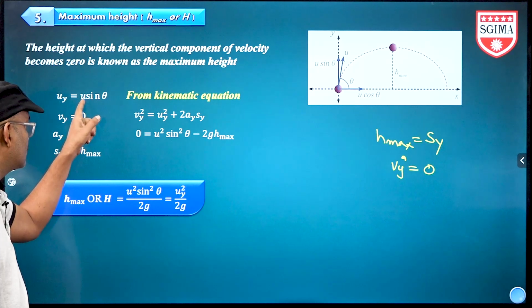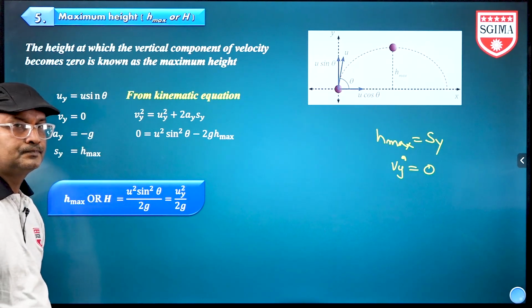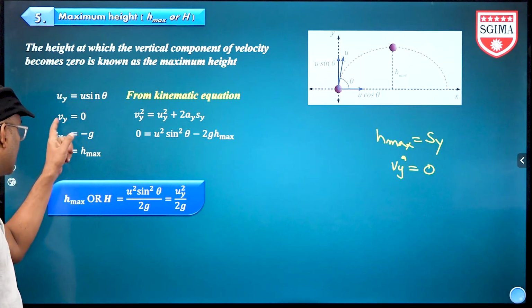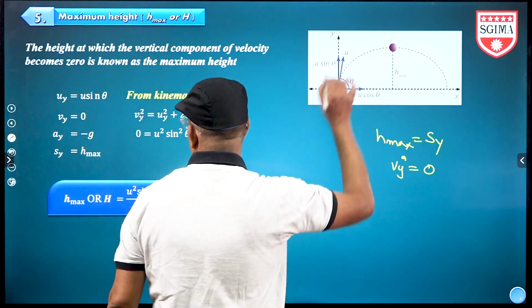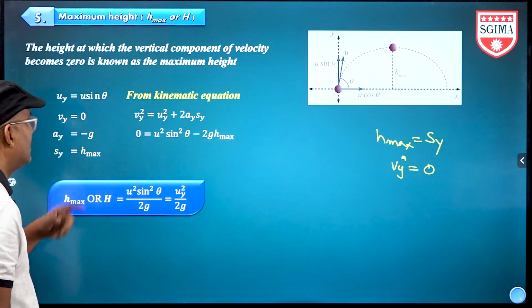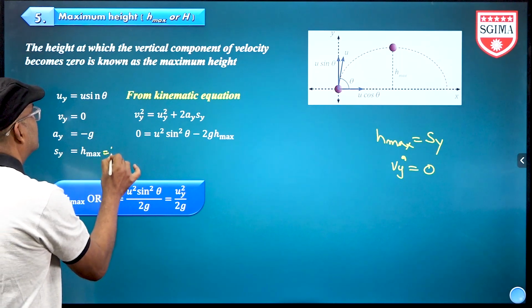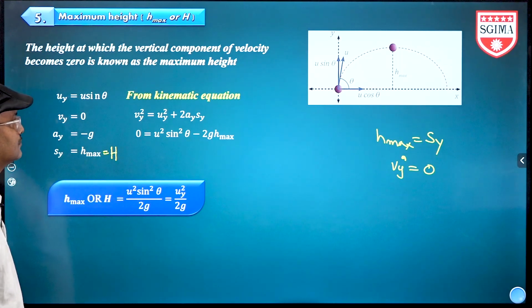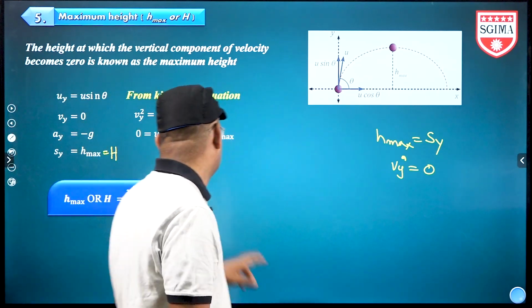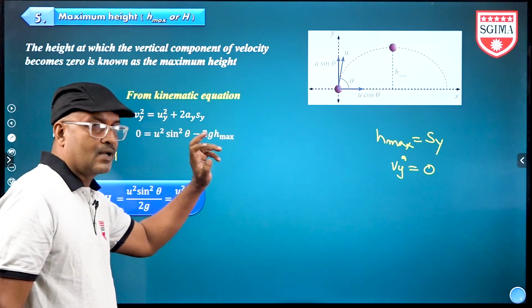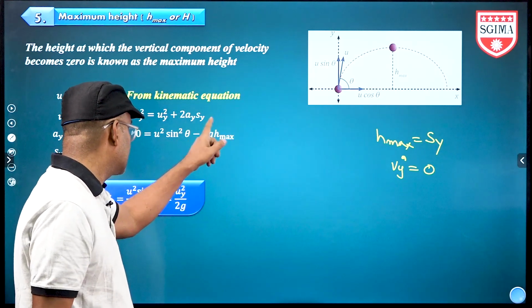So, Uy is equal to u sin theta. Vy is 0. Ay, already, is minus g. Sy is maximum height. You know one formula, Vy square is equal to Uy square plus 2 Ay Sy.